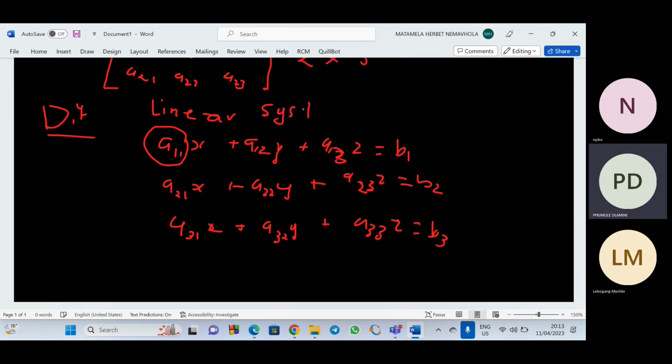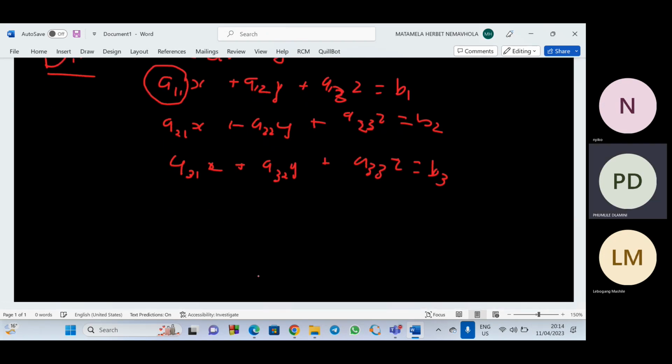In this linear system, we can write the coefficients as a matrix when we reduce by using Gaussian elimination.